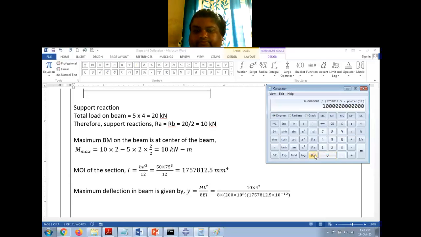Oops, something else happened. I'll just do it in my calculator. It's becoming difficult here. So it is 10 into 4 square divided by 8 into 200 exponential 6 into 1757812.5 minus 12.